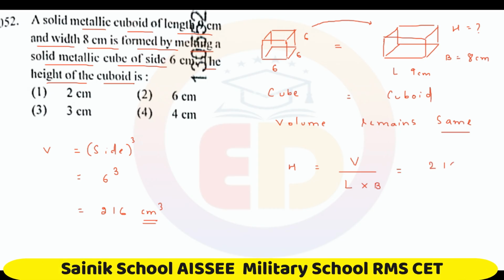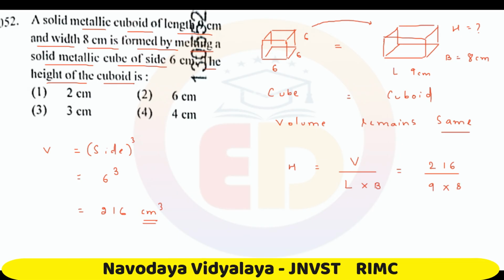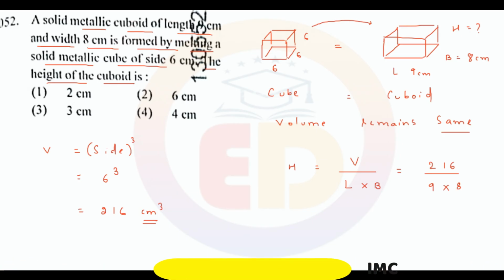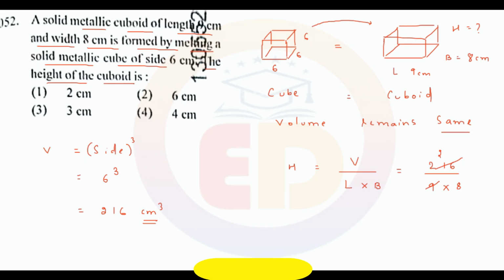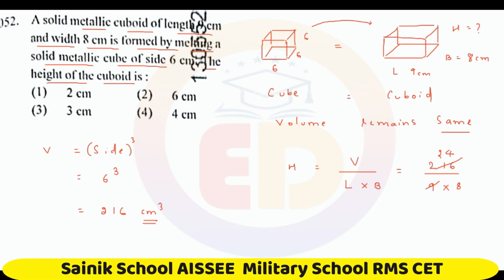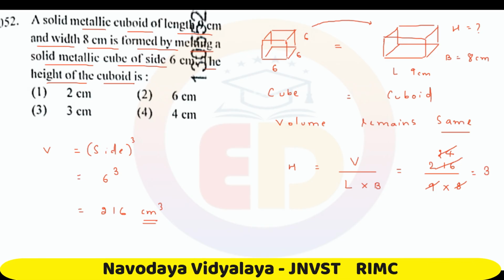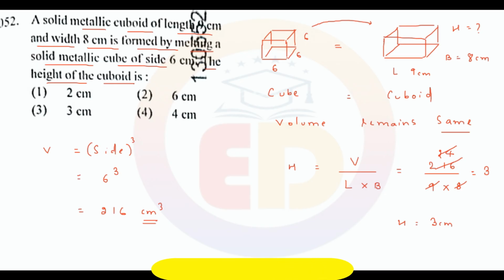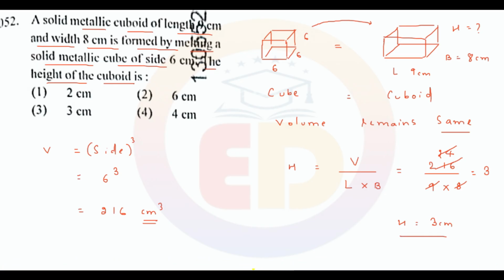Volume is 216, length is 9 and 8. We can cancel 9 and 216. 9 2s are 18, 3 carry, 9 4s are 36. We can divide 8 and 24. Our answer is 3. So height is 3 centimeter. Answer is option 3.